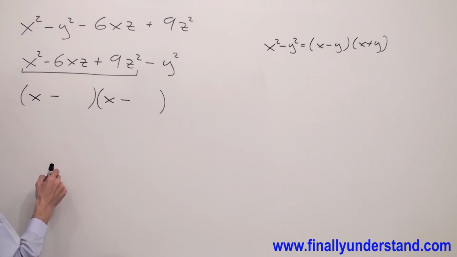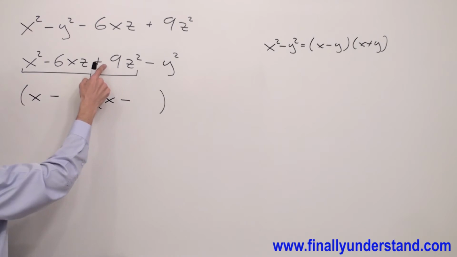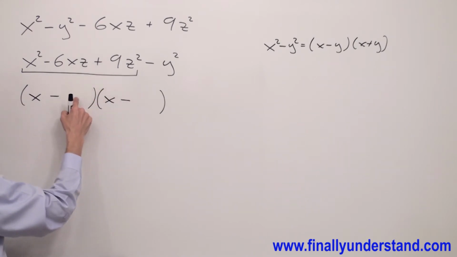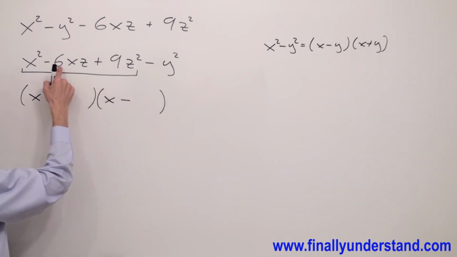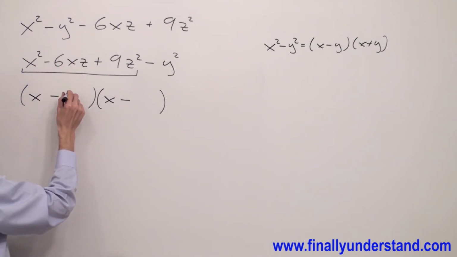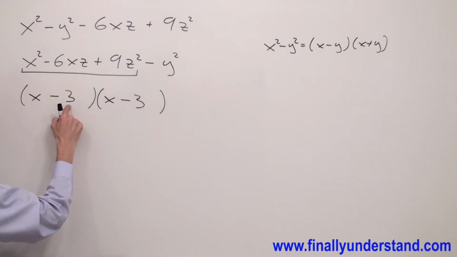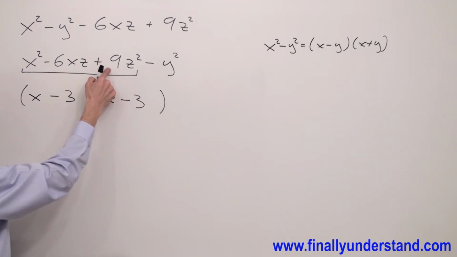Next, I have to find two numbers which multiplied by each other give me 9 and added to each other give me negative 6. These numbers are 3. I have negative 3 times negative 3 is positive 9.